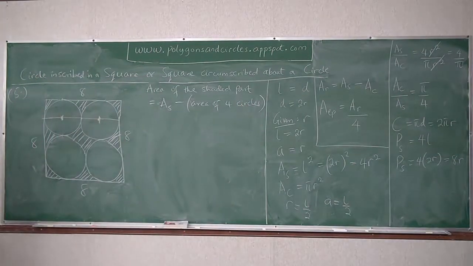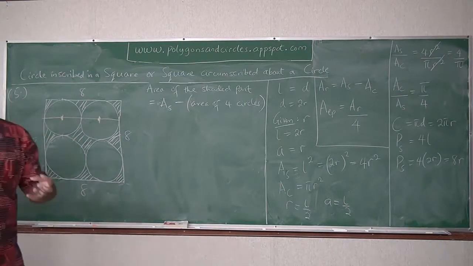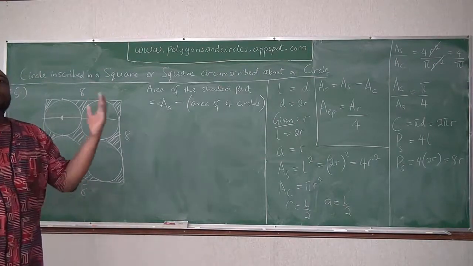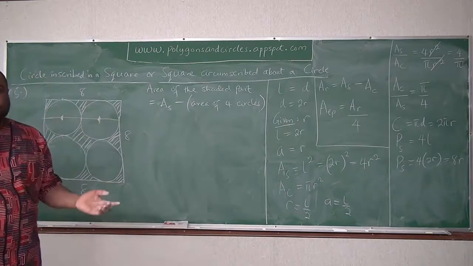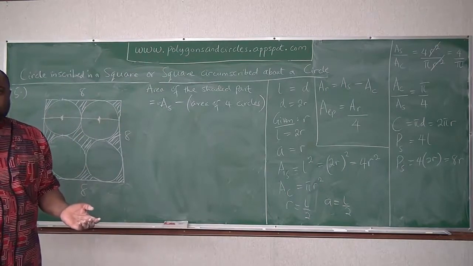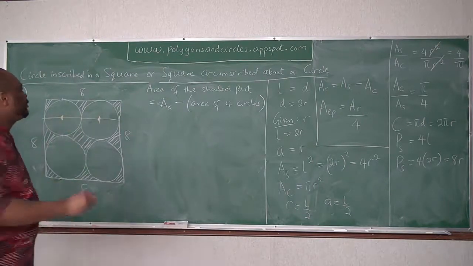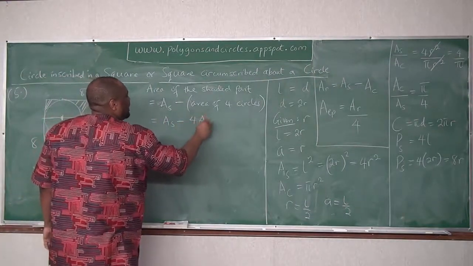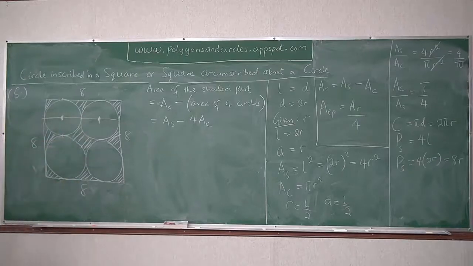They are all congruent circles. What do I mean by congruent circles? They have the same radii. So if you get the area of one circle, multiply by 4. So this is the area of the square minus 4 times the area of each circle. That's it.